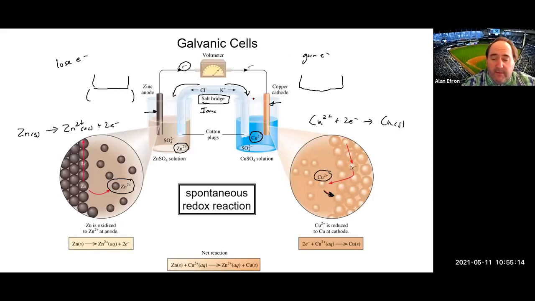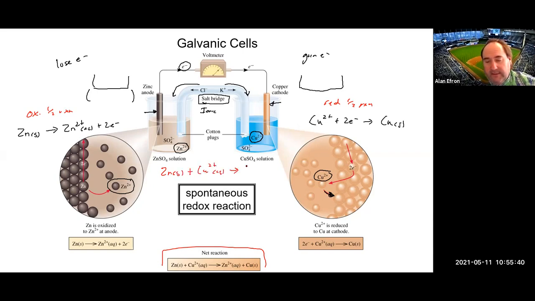So ultimately what we have, as you can see here, is two half reactions. We have in this cell our oxidation half reaction, and we have our reduction half reaction here. And if we add them back together, we get the net reaction that's occurring here, which is basically the zinc plus the copper 2 ions going to the zinc 2 plus and the solid copper in this case.